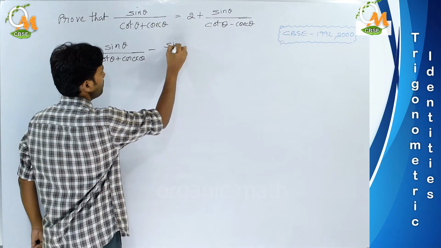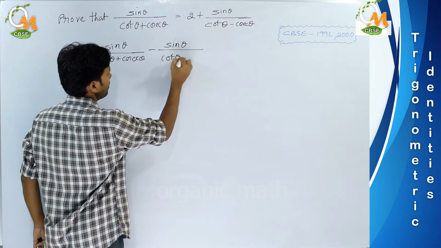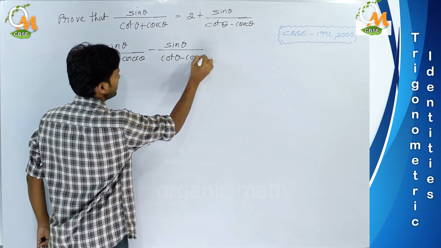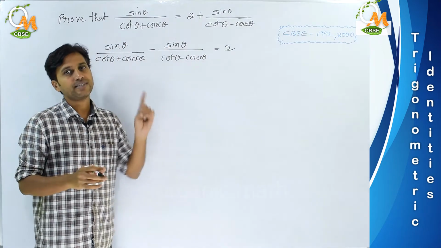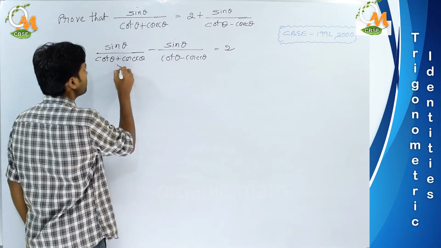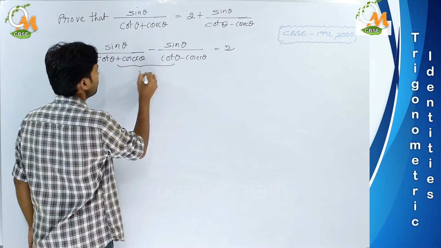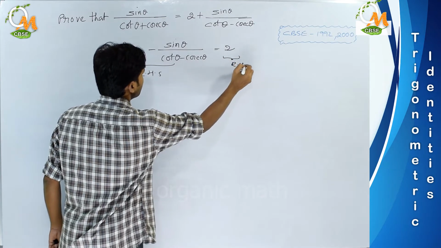So that would be sine theta by cot theta minus cosecant theta equal to 2. Now you can consider this as LHS, and we need to obtain the RHS part, which is 2.